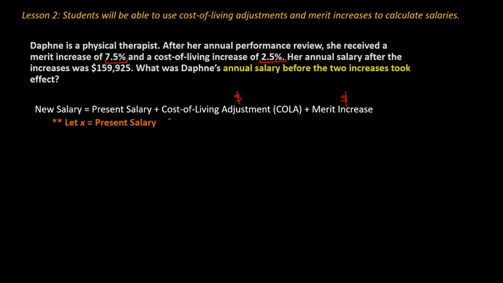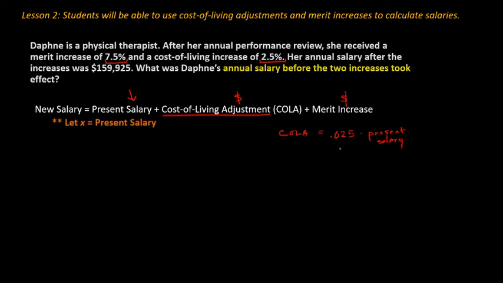So remember, if I want to know what my cost of living adjustment is, it is based off of your original salary. For example, cost of living adjustment would be equal to, they said 2.5%, so converting to a decimal, 0.025 times that present salary, right? Your cost of living adjustment is 2.5% of your present salary.